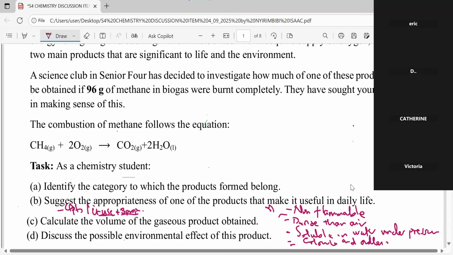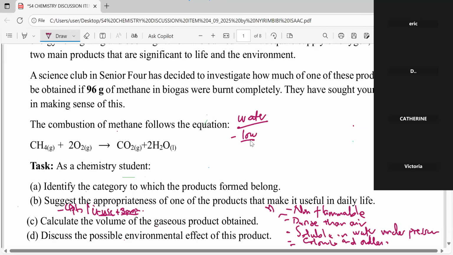Teacher, I'm going to talk about water. Water has a low boiling point. So you're saying water has a low boiling point. The boiling point of water is what? It is 100. Is 100 low?